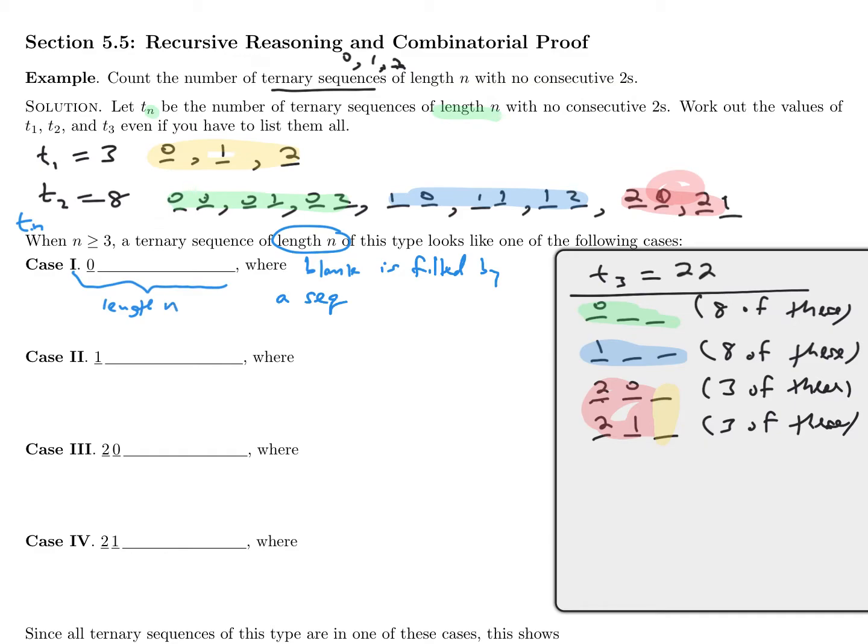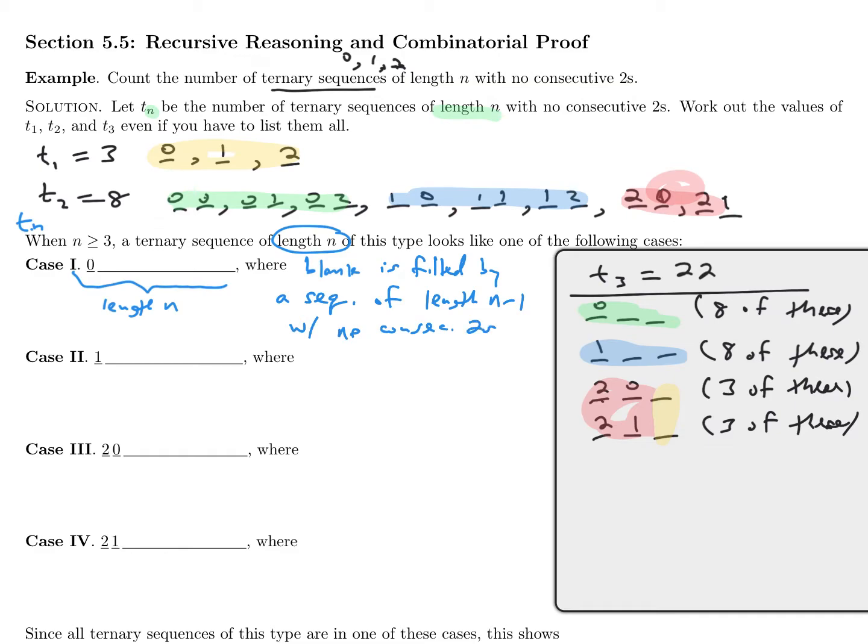If the whole thing is length n, then the blank has to be filled by a sequence of length n minus 1. And that sequence can't have any consecutive 2's in it, or else I would have consecutive 2's in the whole thing.